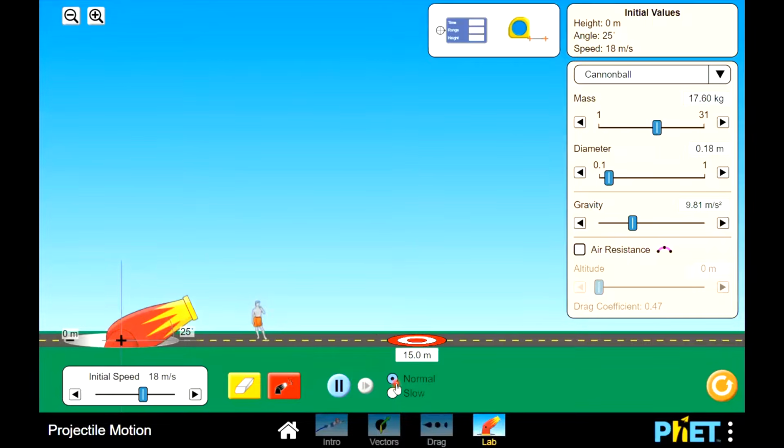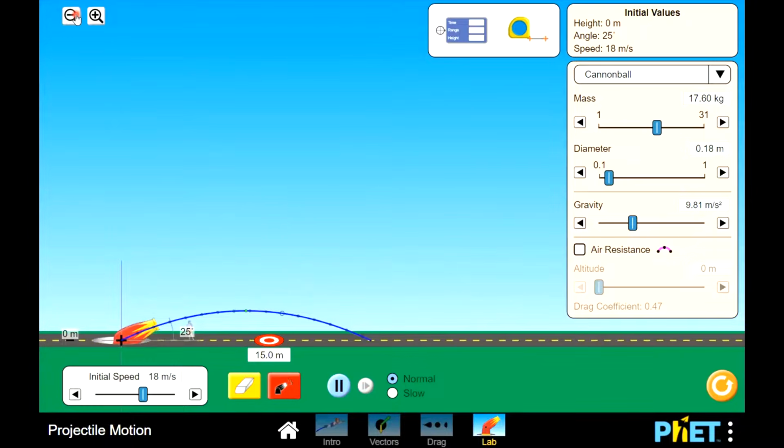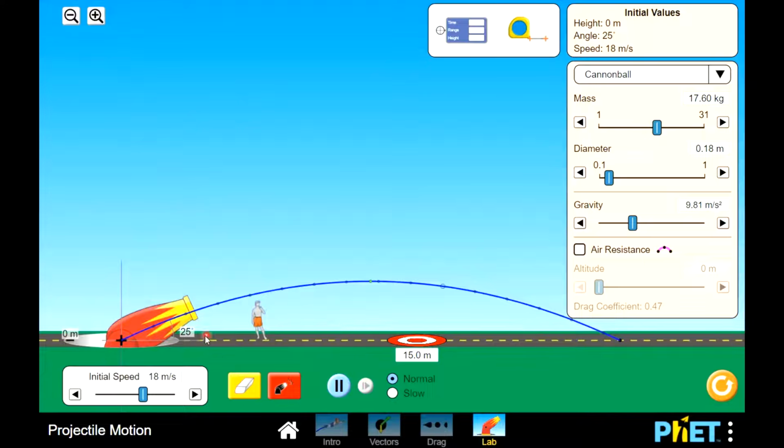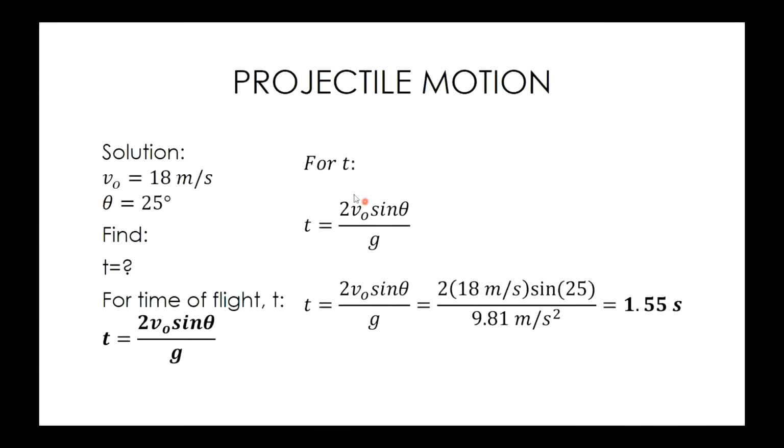Let us try to simulate. Okay. So, ayan. Zoom ko lang para makita natin ang buo. Ayan yung kanyang naging projectile motion. So, ang hinahanap daw is yung time of flight.